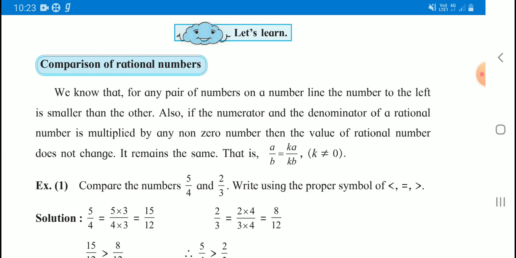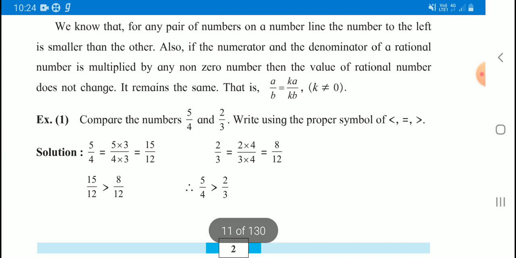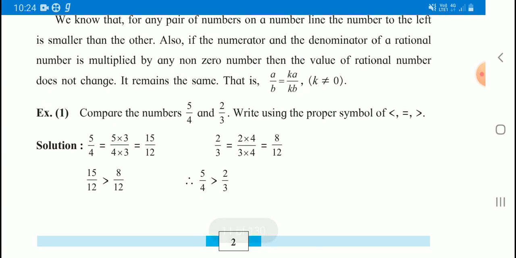Also, if the numerator and the denominator of a rational number are multiplied by any non-zero number, then the value of the rational number does not change. It remains the same. That is, suppose our rational number is a upon b, and if we multiply the numerator and denominator by k, then a upon b is equal to k multiplied by a upon k multiplied by b.